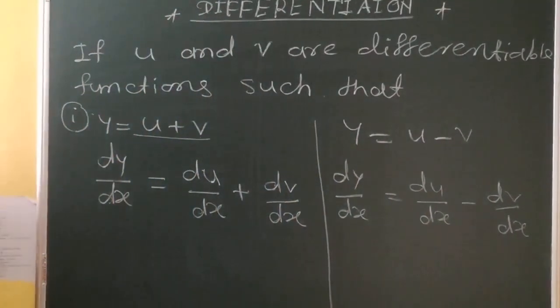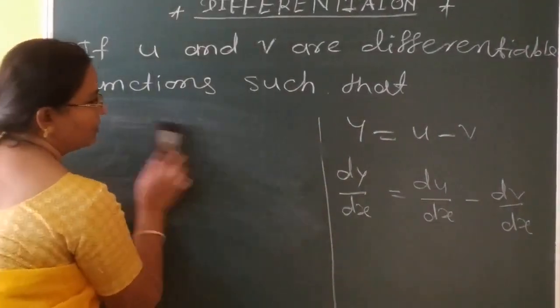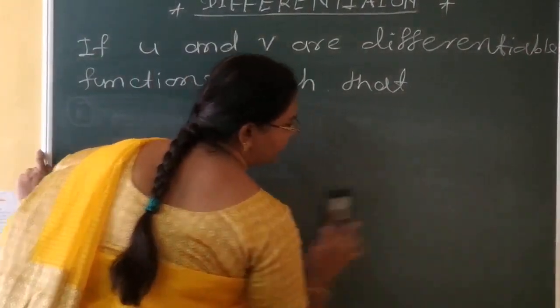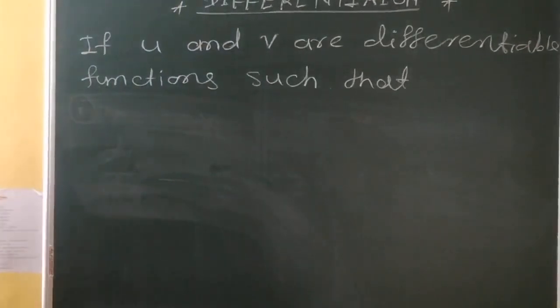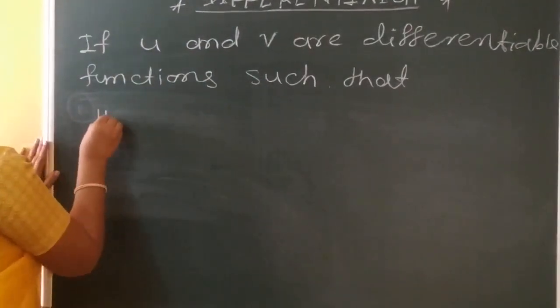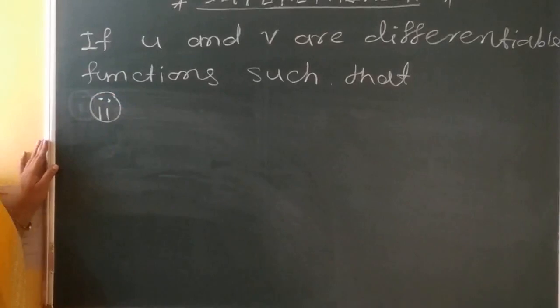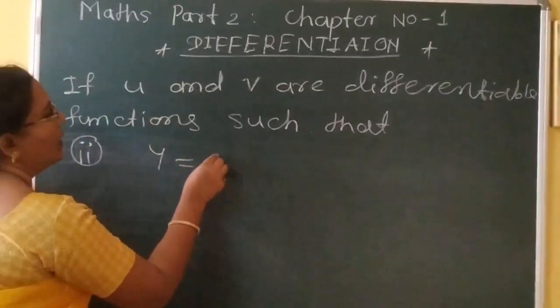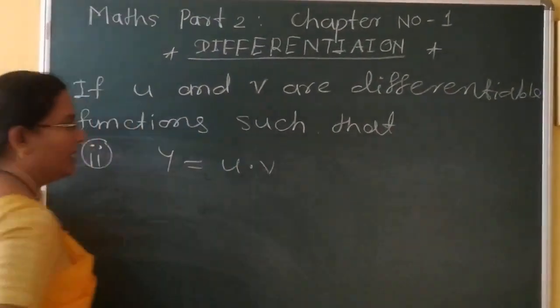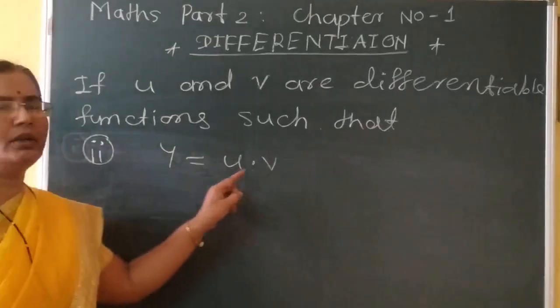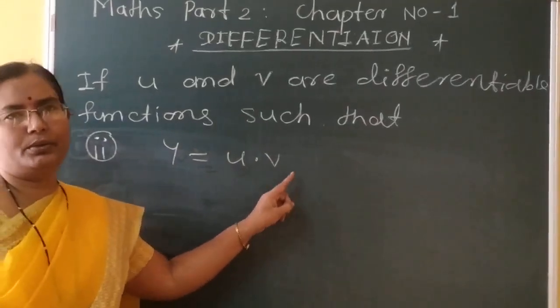Now taking the second rule, for the product of two functions. What is the rule for the product of functions? That is, y is equal to u dot v, the product of the two functions u into v.